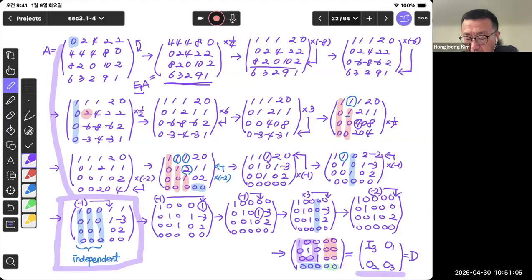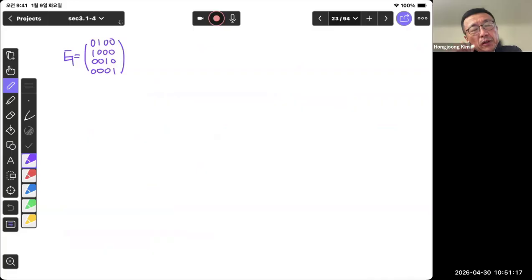Now, the third one is obtained from the second matrix by multiplying a quarter to the first row of the second matrix, right? So, if I multiply a quarter to the first row of the identity matrix, then we get the corresponding elementary matrix.